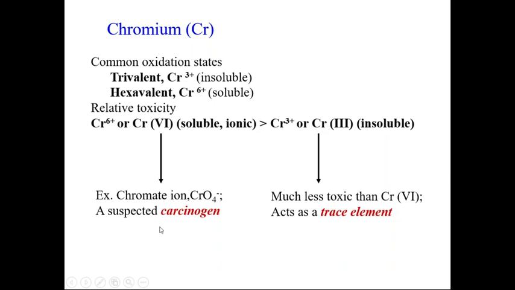So it is the chromium 6 which is toxic, and so that is why many of you will be using chromic acid for washing your glassware. Actually, using of chromic acid for washing glassware is banned. So please do not use chromic acid to wash your pipettes and other glassware.